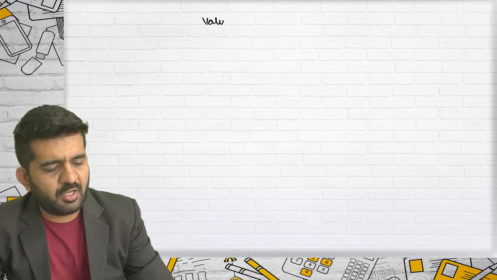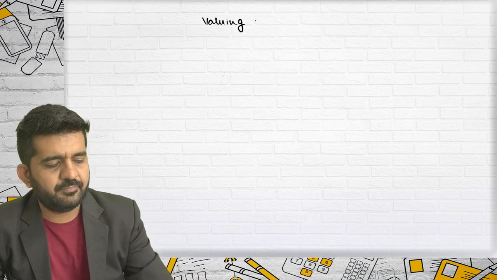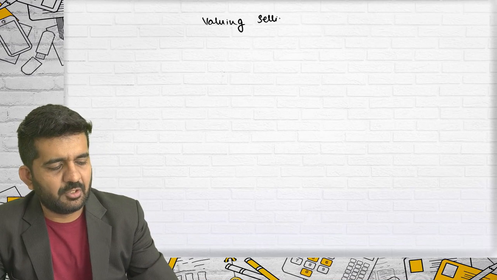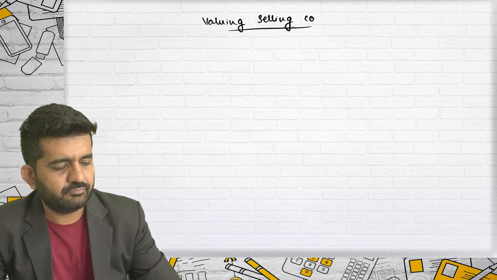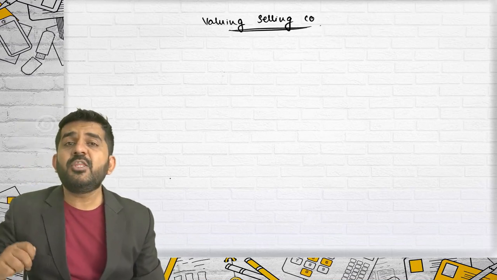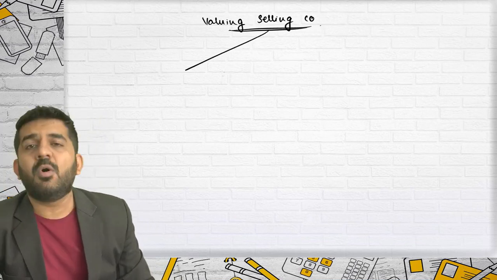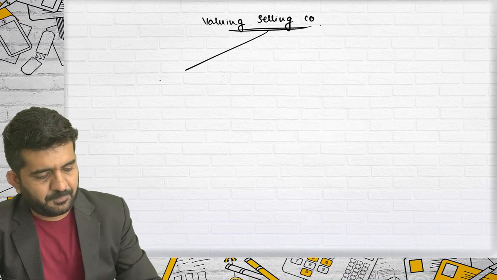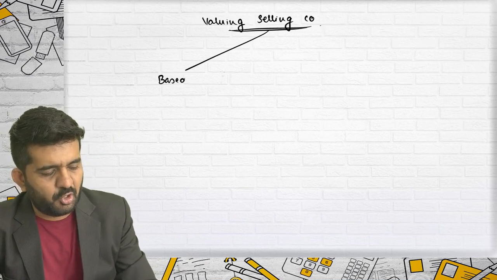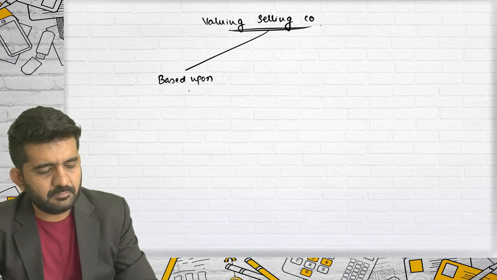In merger and acquisition, you are valuing the selling company. When you say your exchange ratio is based upon market price, you are valuing the selling company based upon market price.